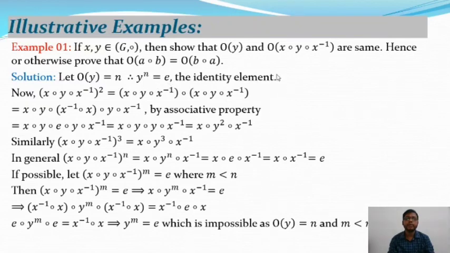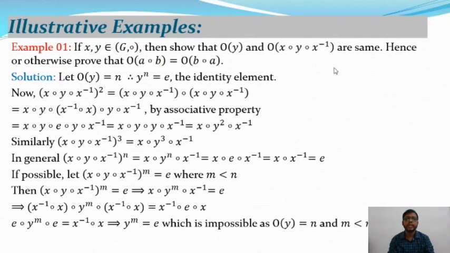Okay, so from this we will prove that the order of x composition y composition x inverse will be n. Okay, so now x composition y composition x inverse whole square is equal to x composition y composition x inverse composition x composition y composition x inverse.